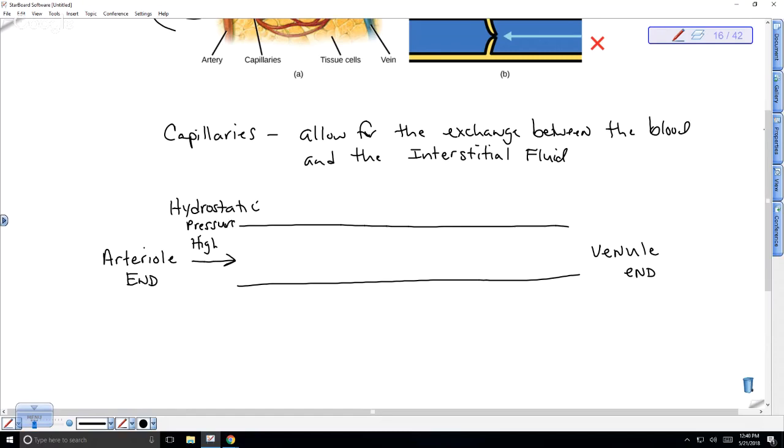So at the arteriole end, we have oxygen moving into my interstitial fluid, right? We have nutrients like glucose or amino acids moving into my interstitial fluid, okay? Now at the venule end, and we also have water.